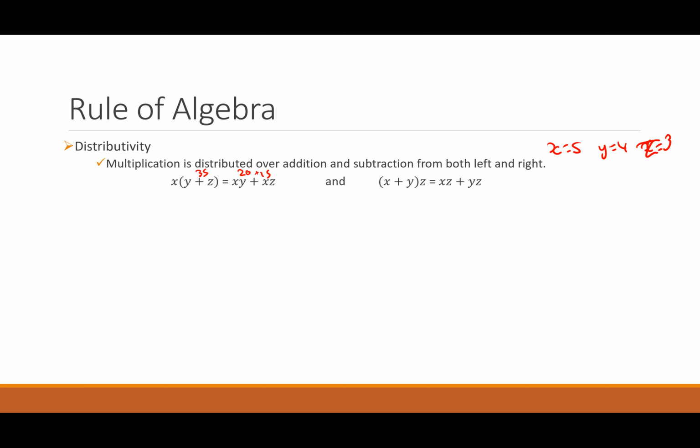That is the same. We'll just look at the right hand side now. So x plus y equals 9, times by z is 27. And then if you did x times z, which is 15, plus 4 times 3, which is 12, that is 27.